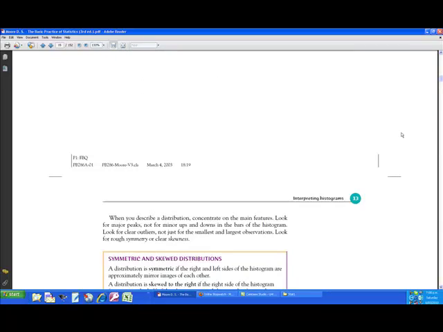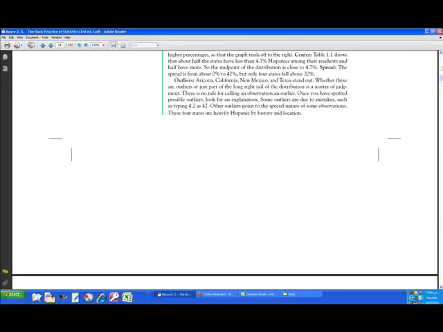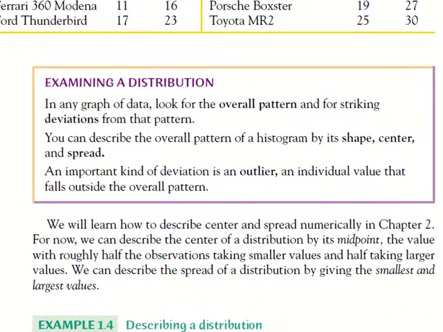Examining a distribution: in any graph of data, look for the overall pattern and for striking deviations from that pattern. You can describe the overall pattern of a histogram by its shape, its center, and spread. An important kind of deviation is an outlier, an individual value that falls outside the overall pattern.